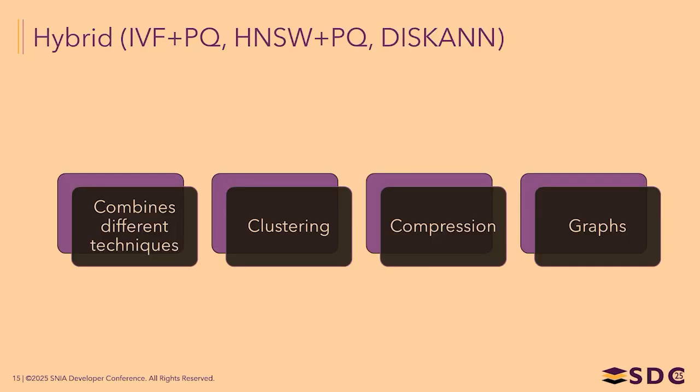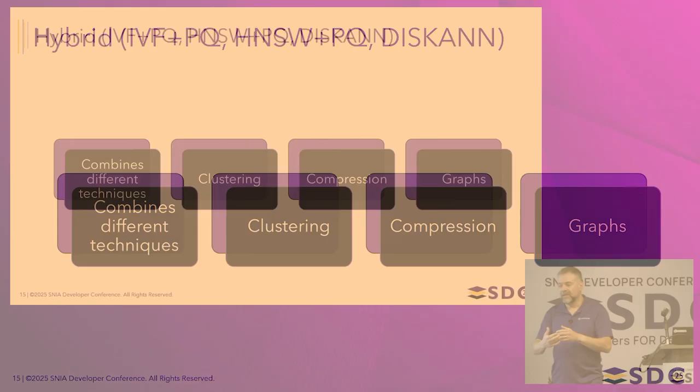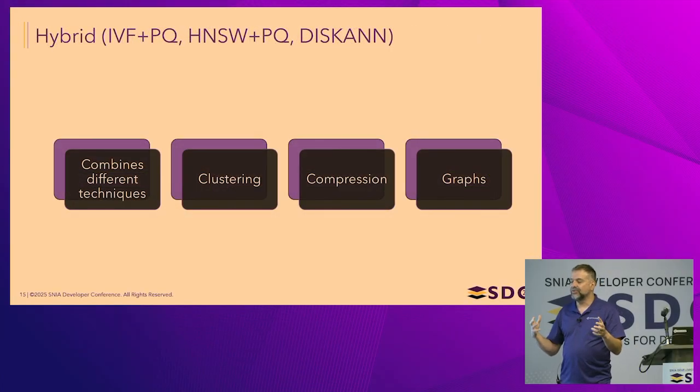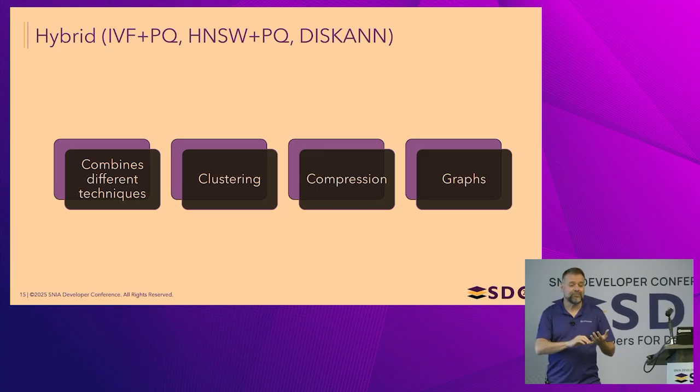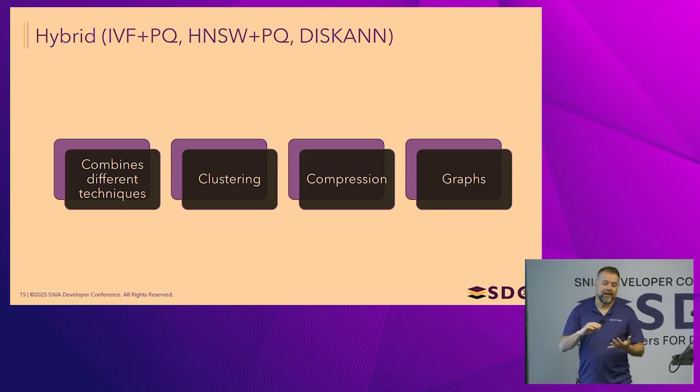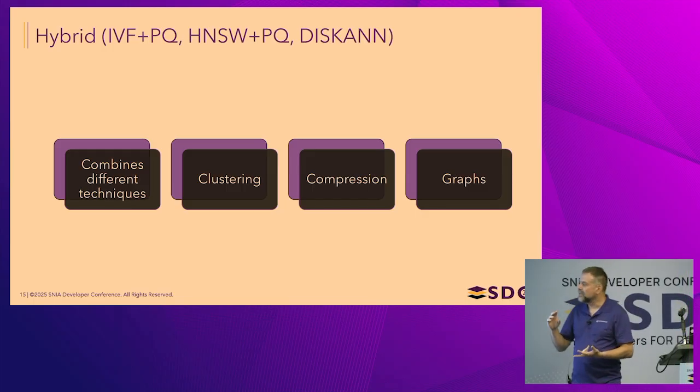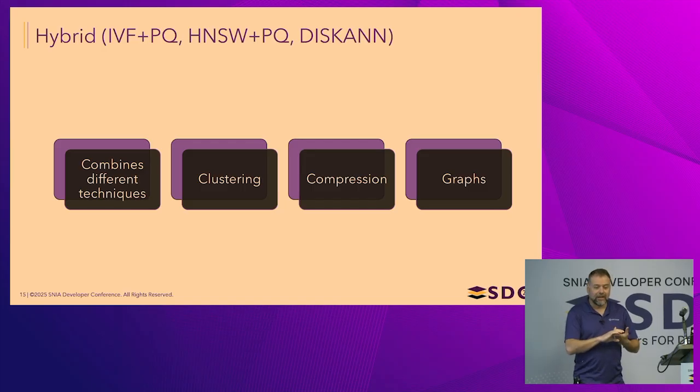And then we have hybrid, which is where DISKANN falls, where I choose more than one technique. Those come down to your requirements: how much memory you want to spend, what your precision point is, what your recall is, so that the quality of your search is met.